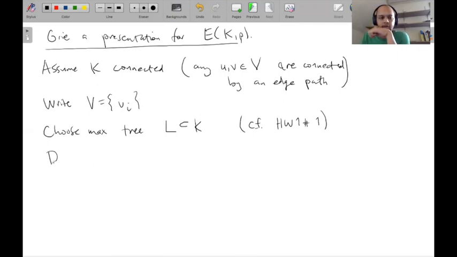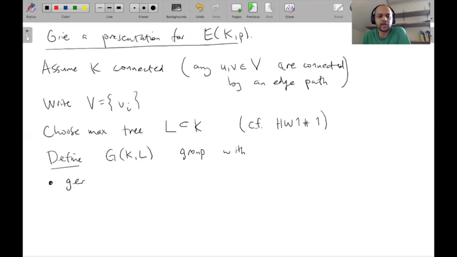Okay, so now we're going to define a new group which we'll define by a presentation, which is to say to give generators and relations.